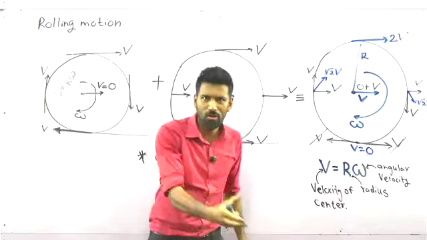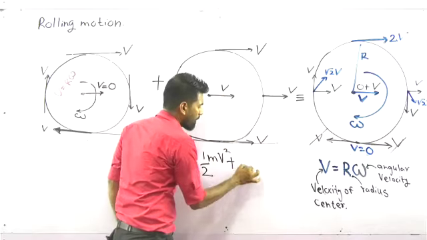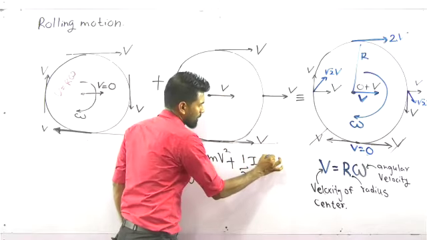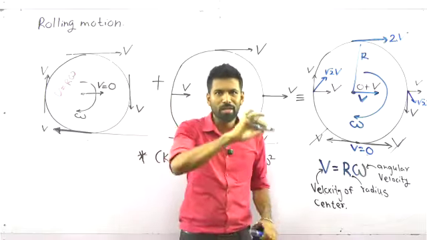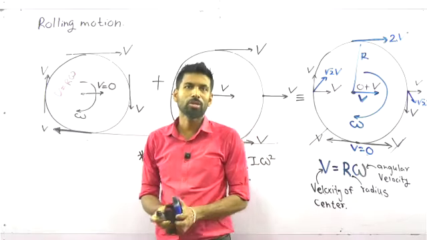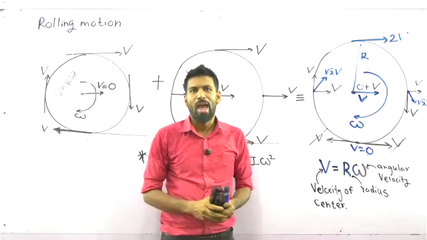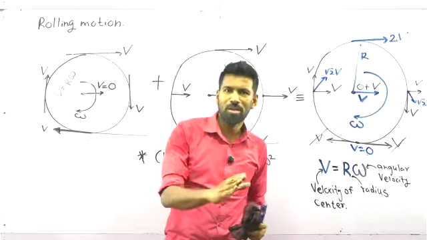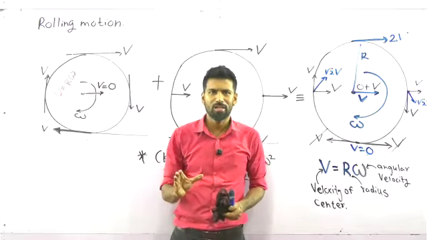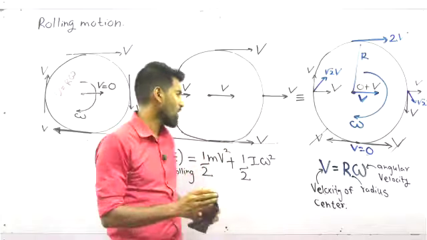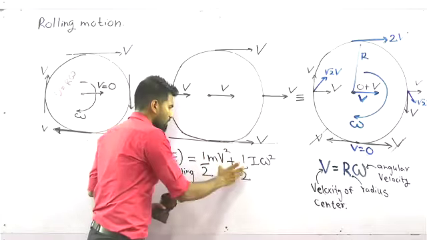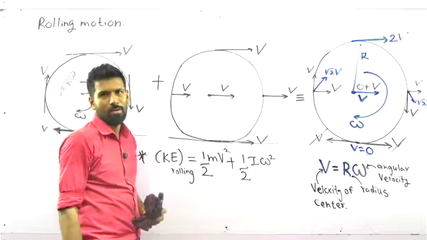Meantime, it rotates around itself: half I omega square. Can you remember? If object is rotating around itself, it has the rotational kinetic energy. And if object is moving from one place to other, it has the linear kinetic energy. So here in a rolling, you have both components, half mv square plus half I omega square.